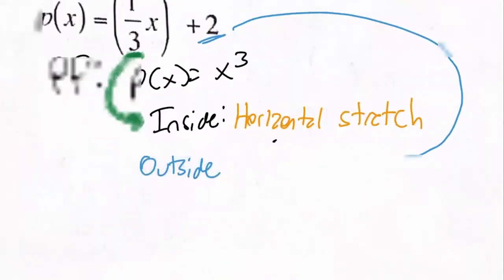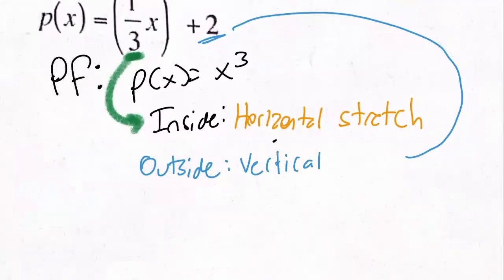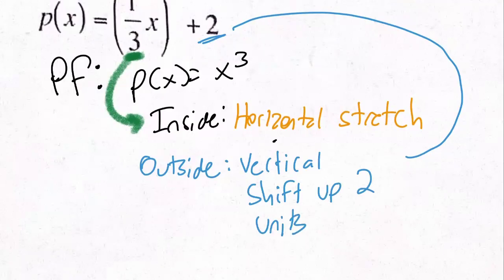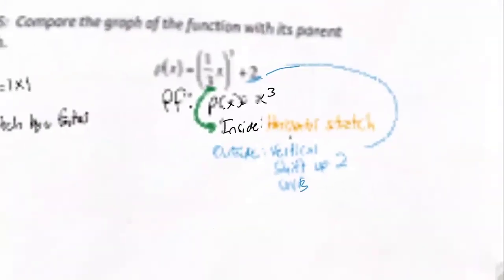So in this case, for this problem right here, it's going to be a vertical shift up 2 units. And that is transformations.